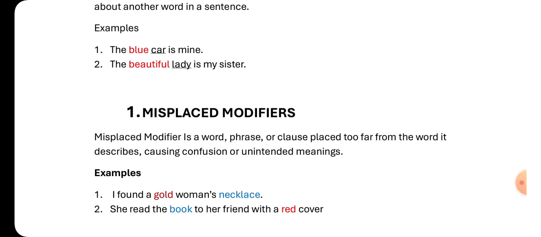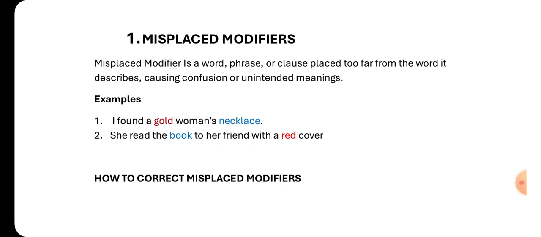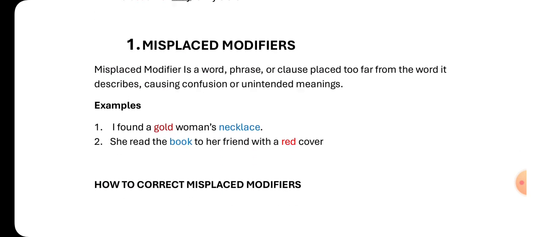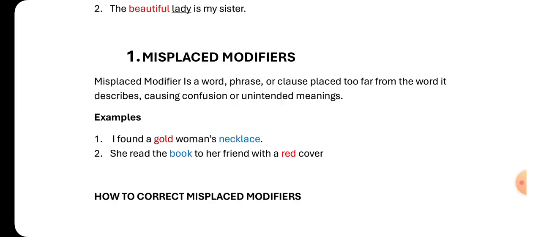Let's look at some examples under misplaced modifiers. If I say I found a gold woman's necklace, it is a misplaced modifier, because the person is trying to communicate that he found a gold woman. Do you get it?